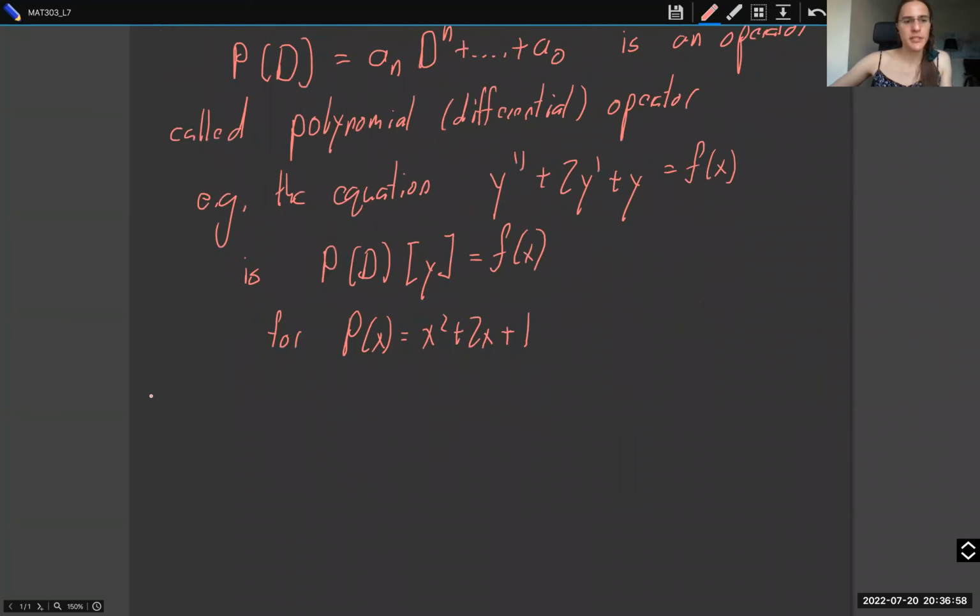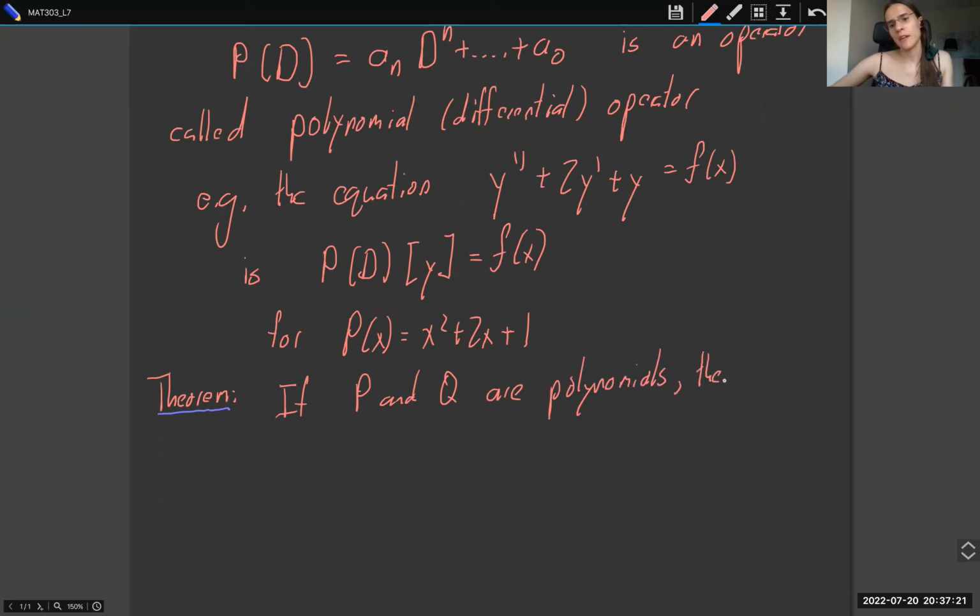Now, a theorem which I'm not going to prove is that if P and Q are polynomials, then if we take P times Q and we apply that to D, that's the same differential operator as P(D) composed with Q(D).